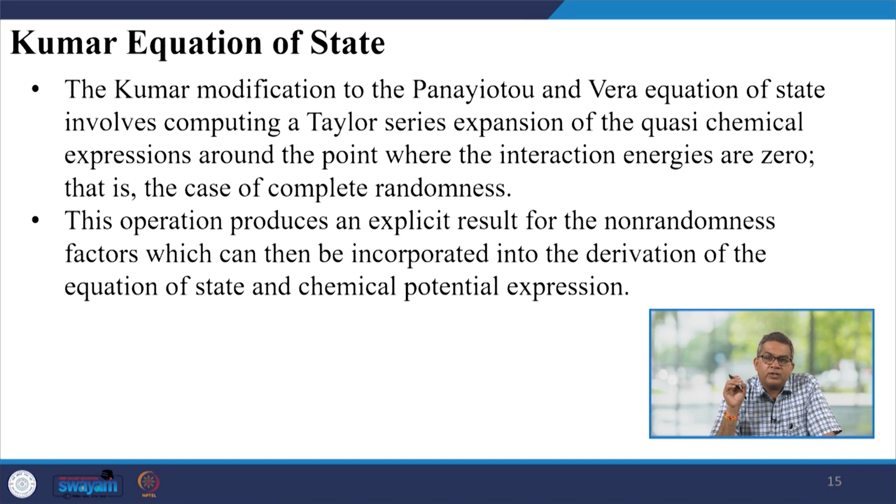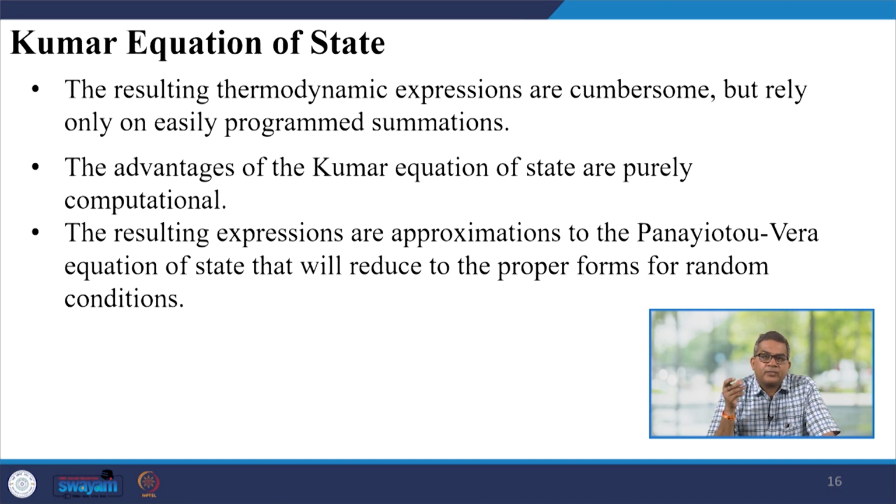Now, this operation produces an explicit result for the non-randomness factor, which can then be incorporated into the derivation of the equation of state and chemical potential expression. So, the resulting thermodynamic expressions are cumbersome, but rely only on easily programmed summation.